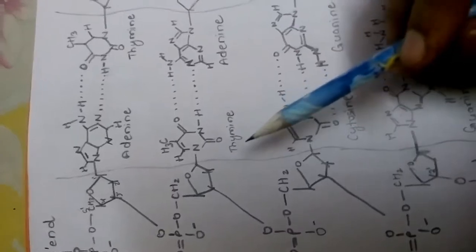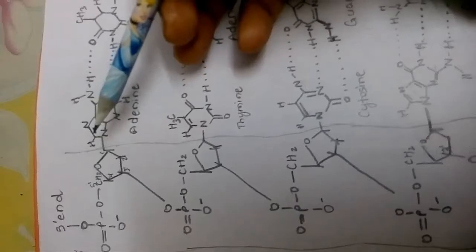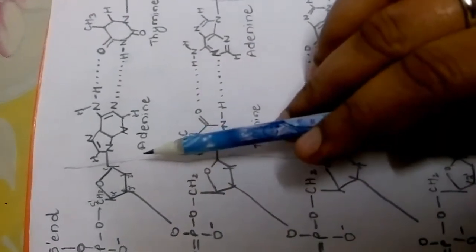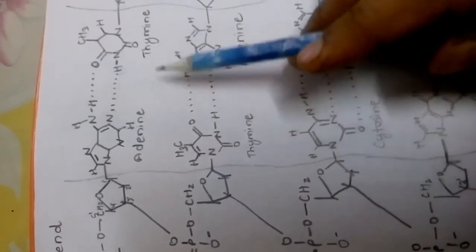Here also we can see thymine always pairs with adenine and guanine always pairs with cytosine. So if we know the base sequence of one strand of DNA, we can deduce the base sequence of another strand of DNA. This is the complementarity rule.